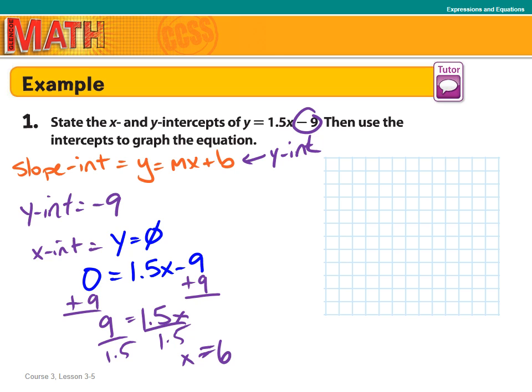So my x-intercept is going to be 6. It tells me to use these intercepts to graph the equation. So let me go ahead and draw my coordinate plane. My y-intercept is going to be negative 9, so I'm going to draw my x-axis a little bit higher.